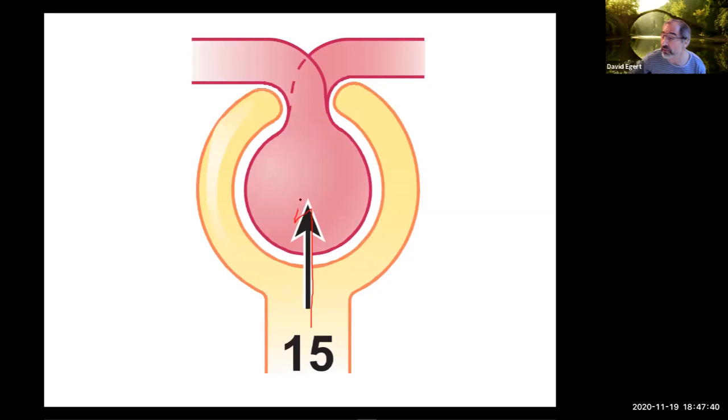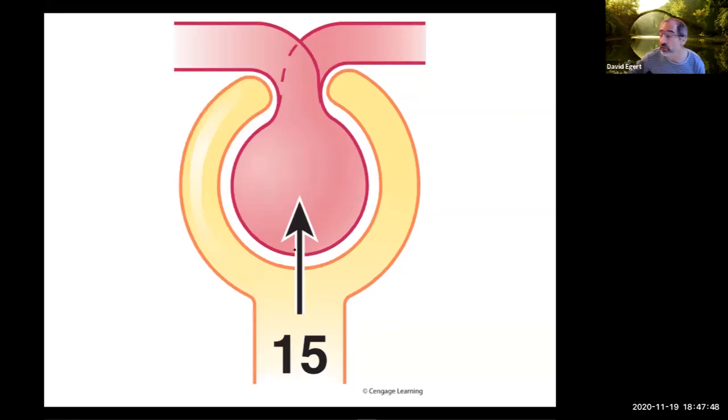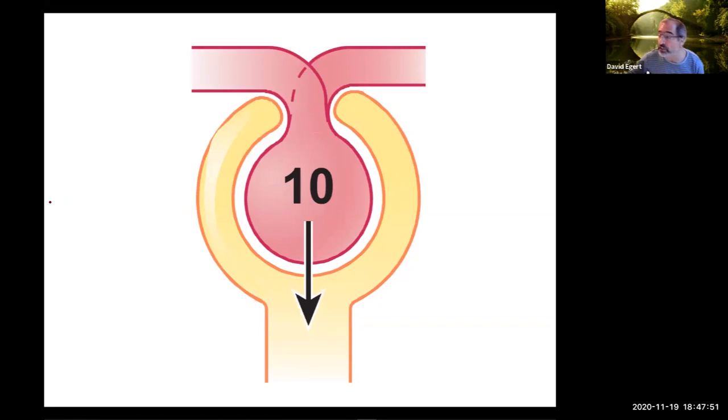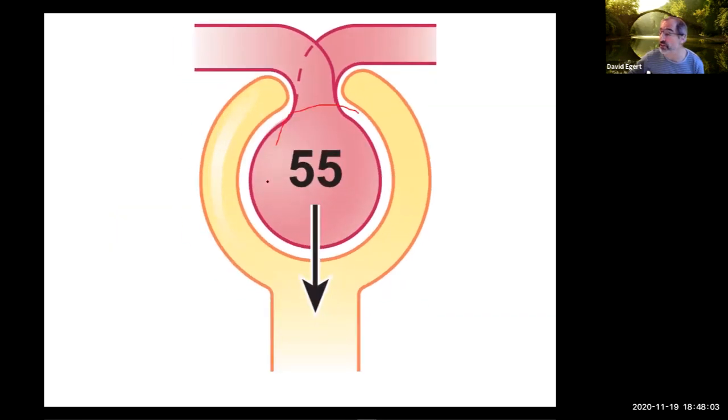About 15 millimeters of mercury of the capsular hydrostatic, basically the back pressure, which means net filtration pressure is about 10 overall, 10 millimeters of mercury. And that's what's driving filtration. Again, if your overall blood pressure drops too low, so you don't have this original one, then your filtration stops and you're going to be in renal failure.